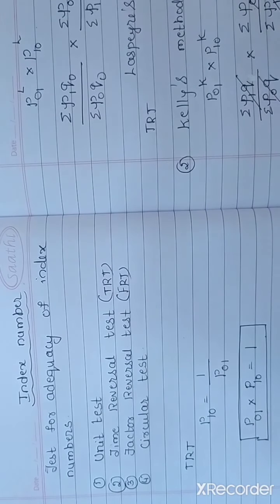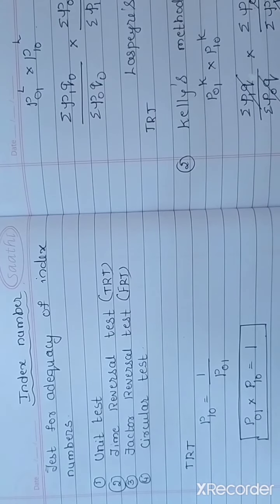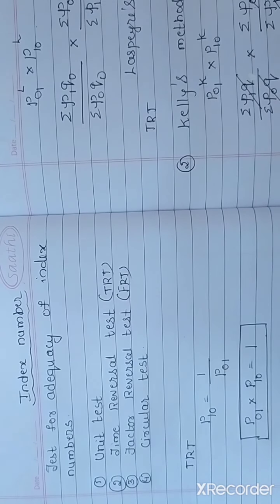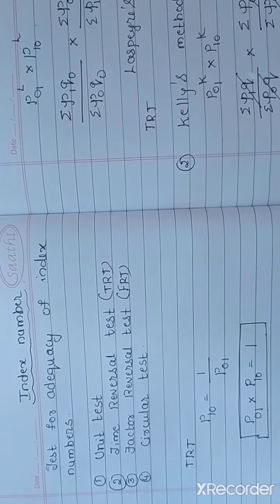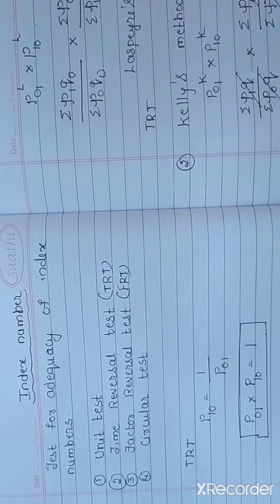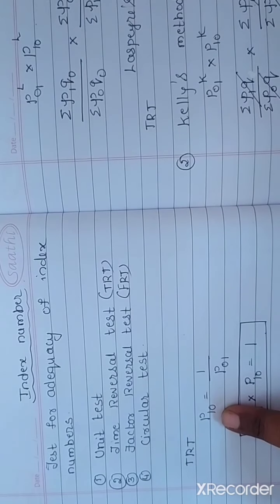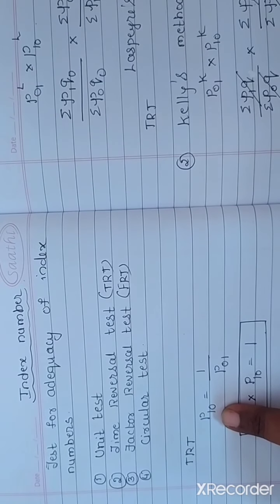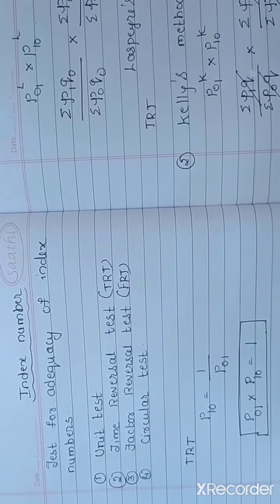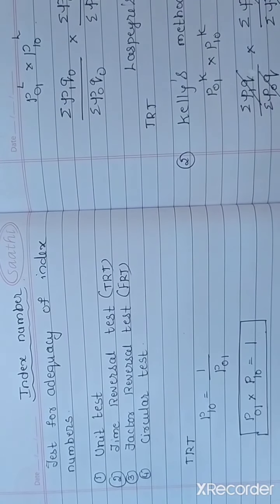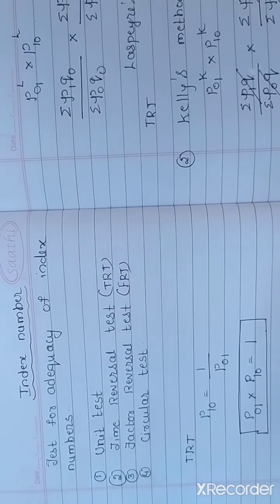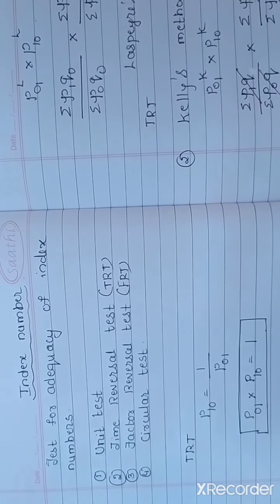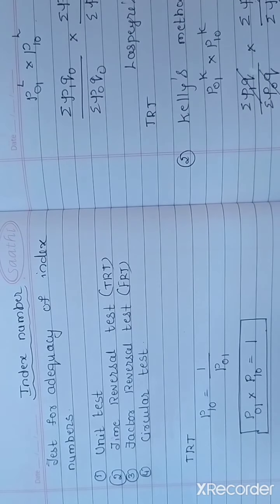That means the time reversal test requires that the index number computed backward should be the reciprocal of the index number computed forward. But here we will not consider the constant of proportionality.